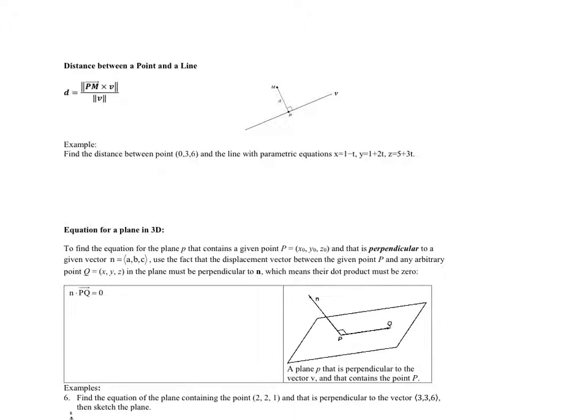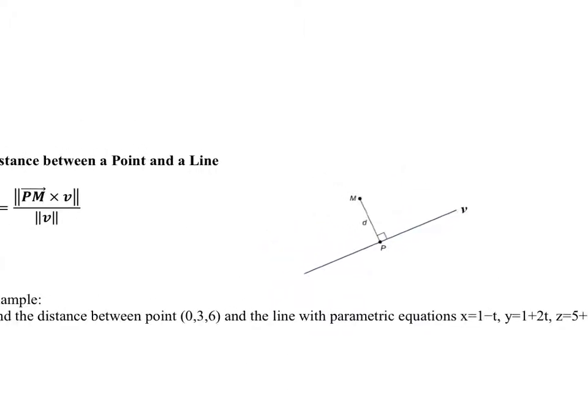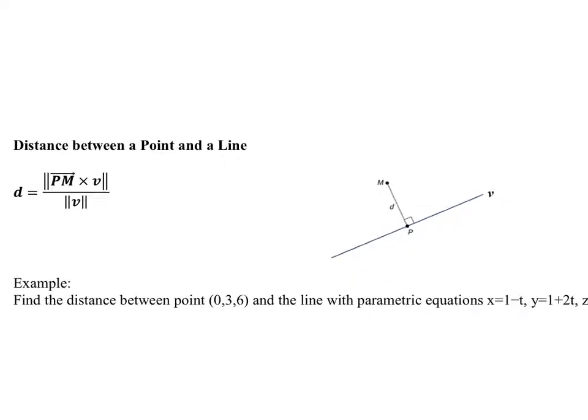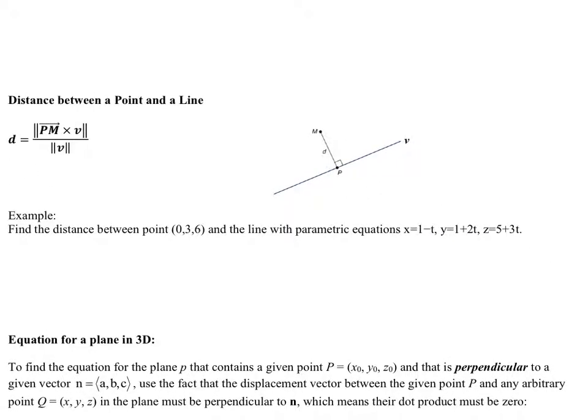It's the cross product between, we're calling it PM, and if we look at the diagram, PM is the distance that we're actually looking for, and vector V, over the magnitude of V. I'll get into the derivation next time, because it's going to bring things to a screeching halt at this point. But in terms of the actual process, it's not terrible. We just need to come up with the relevant vectors.